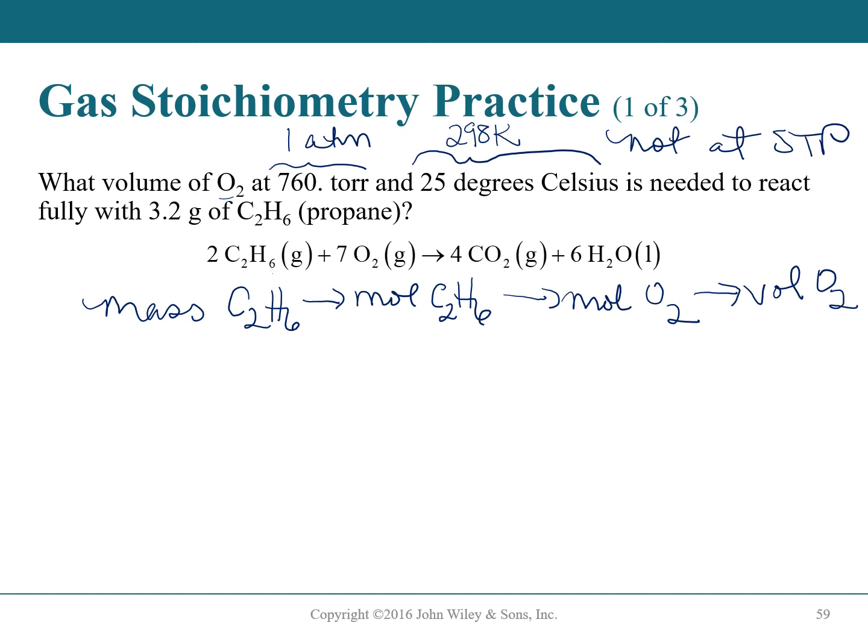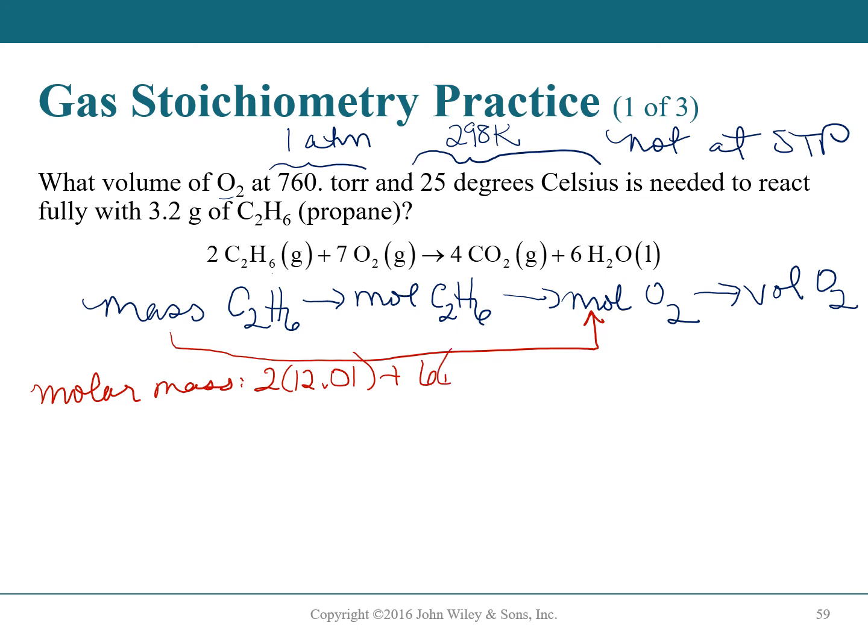So when we get to this last step, we're going to get the moles of oxygen, and then we're going to do a separate step. Step 2, we'll do this last one. So what we're going to do is get our conversion factors, go from here to moles of oxygen, and then we'll use our ideal gas law to do the last step. So the molar mass of ethane is 2 times my 12.01 plus 6 times my 1.008 for the hydrogen.